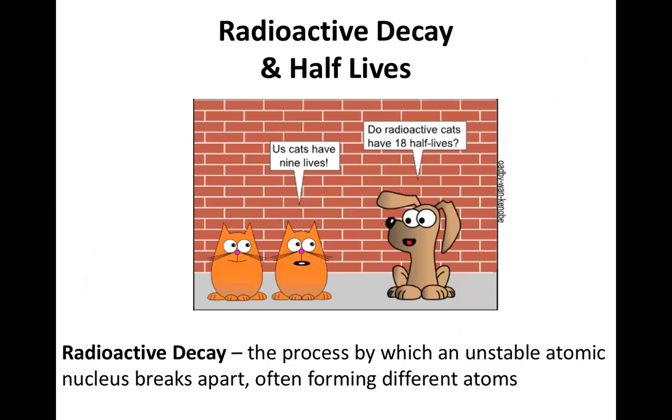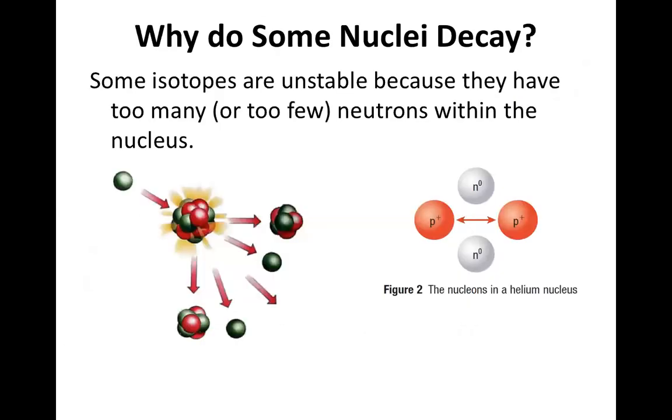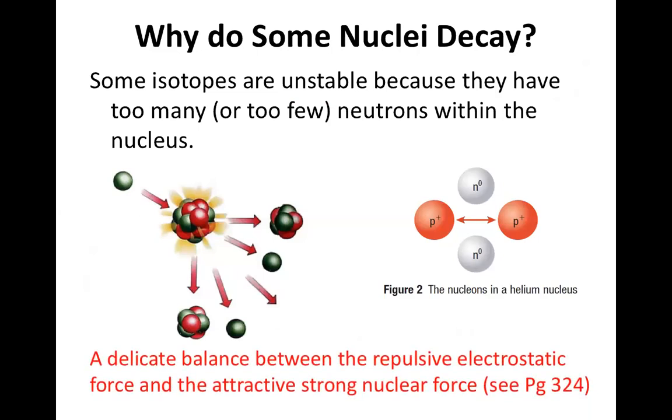Okay, now we're going to introduce a tiny bit of math. Radioactive decay is the process by which an unstable atomic nucleus breaks apart, often forming different atoms. And we didn't really go over why this happens, so that's appropriate here. Some isotopes are unstable because they have too many or too few neutrons within the nucleus. If you think about it, protons are positively charged, and like charges repel, just like two north ends of a magnet.